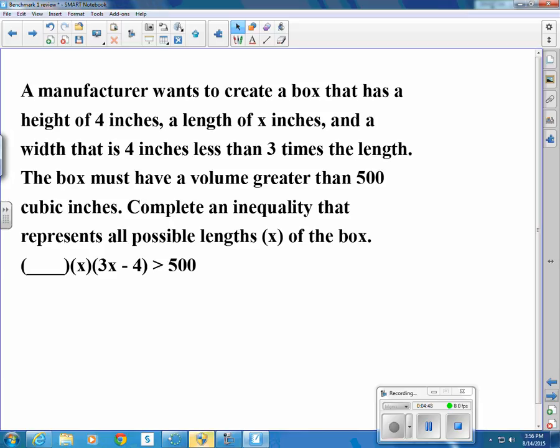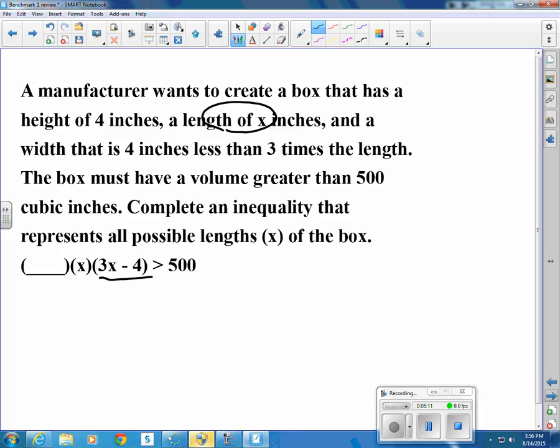A manufacturer wants to create a box that has a height of 4 inches, a length of x inches, and a width that is 4 inches less than 3 times the length. So 4 inches less than 3 times the length. Well, we said the length was x. So 4 less than 3 times that.